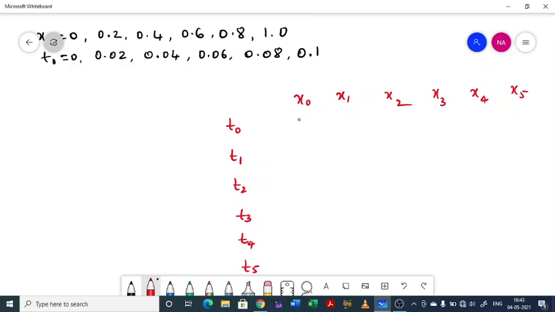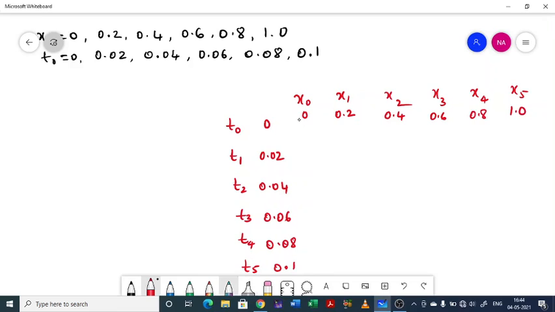So the values of t are 0, 0.02, 0.04, 0.06, 0.08, 0.1. The values of x are 0, 0.2, 0.4, 0.6, 0.8, 1.0.